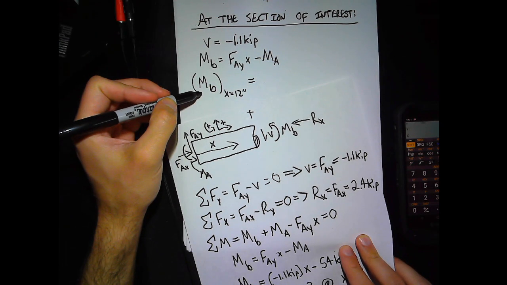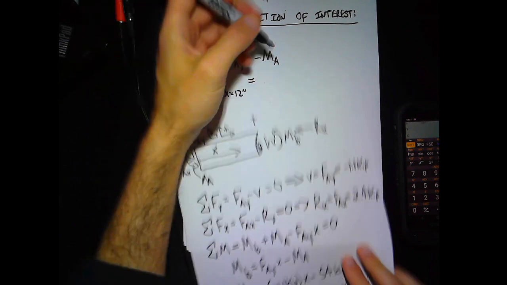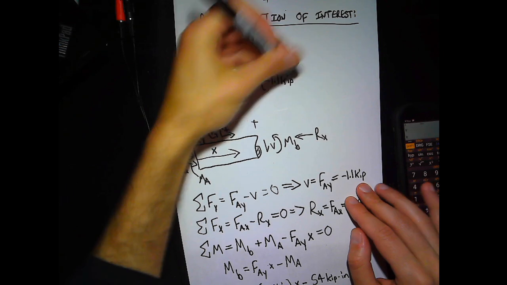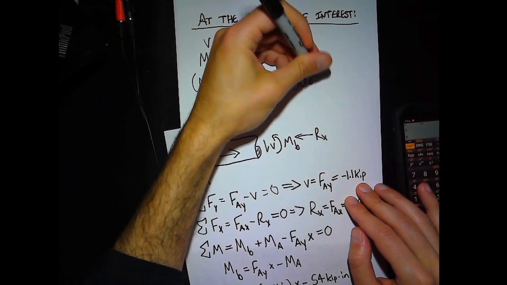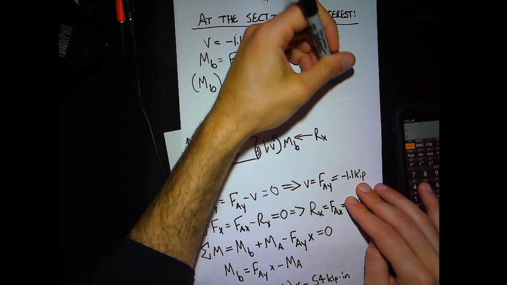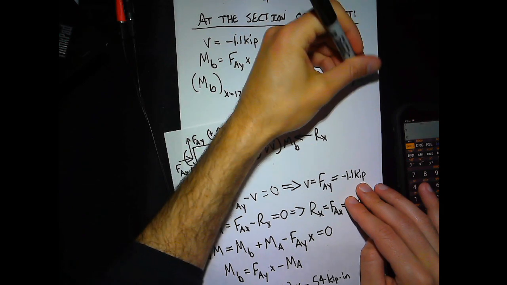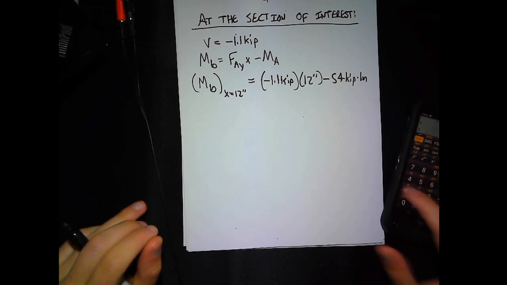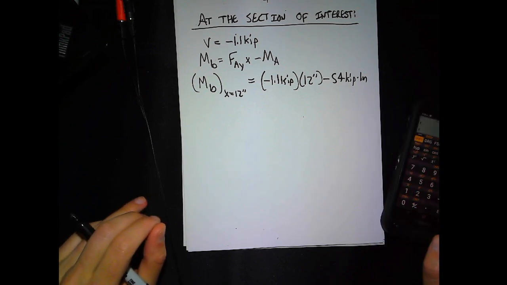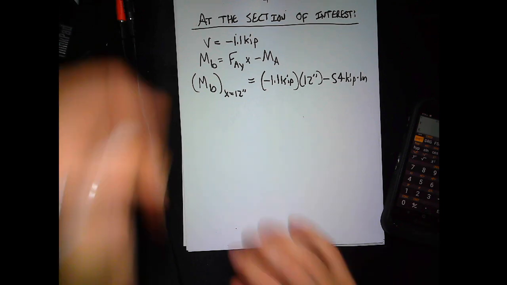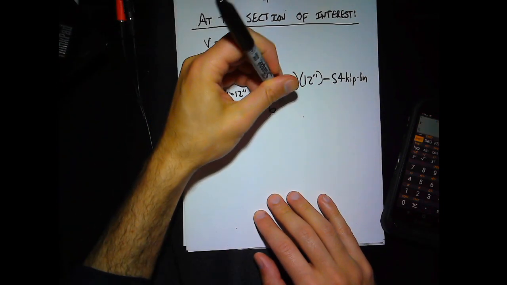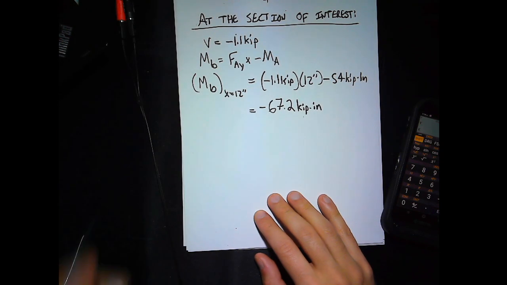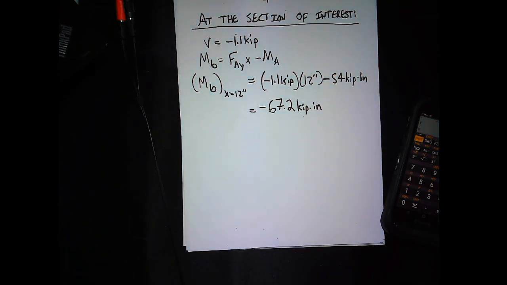So I'm finding the bending moment at x equals 12 inches. That would be negative 1.1 kip times 12 inches minus 54 kip inches. If we work that out, it's negative 67.2 kip inches. Awesome.